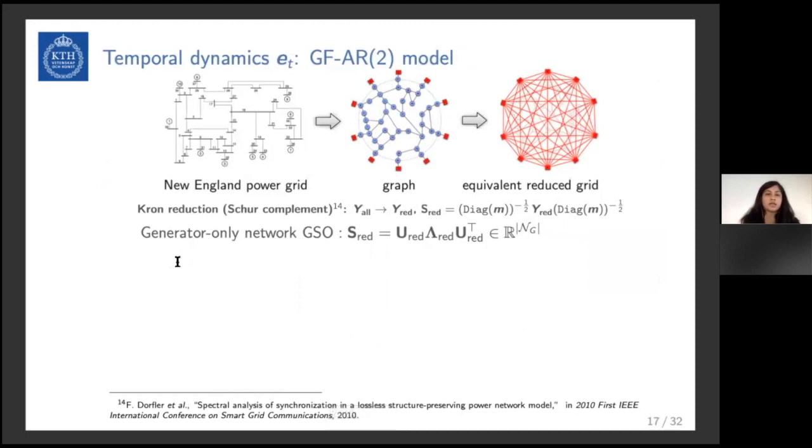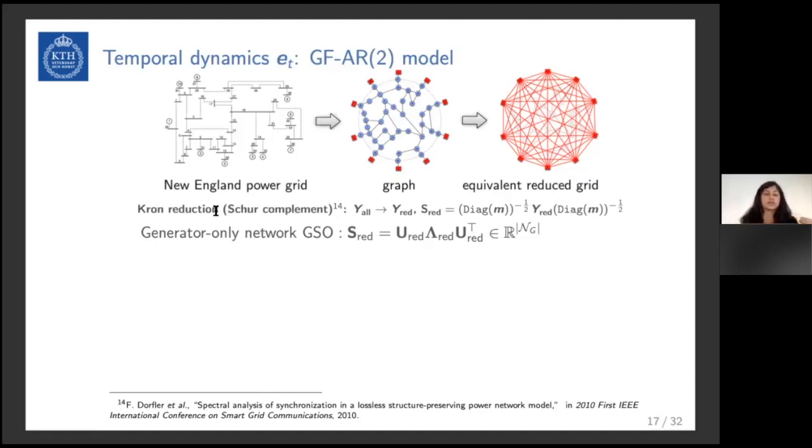And for that, however, one can see that this graph signal ET is now described only on a subgraph or a smaller graph consisting only of the nodes or the buses which contain generators. So in order to describe the graph shift operator for the system, one has to consider a graph reduction.